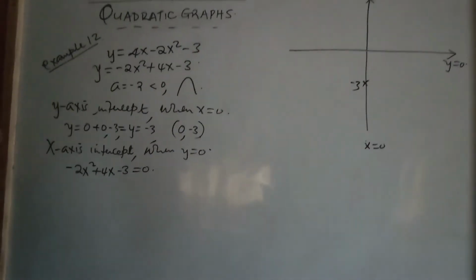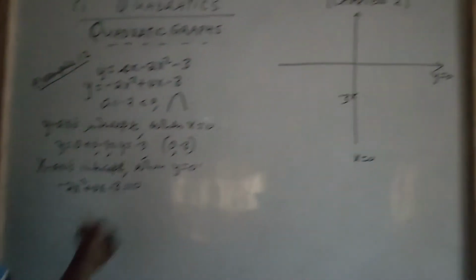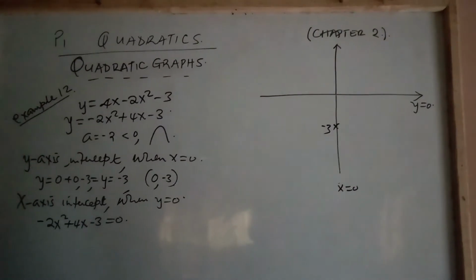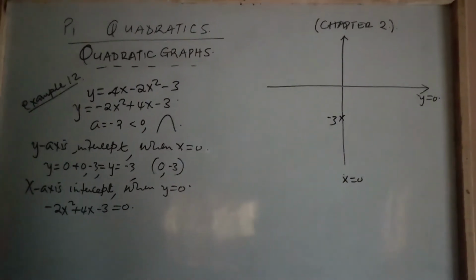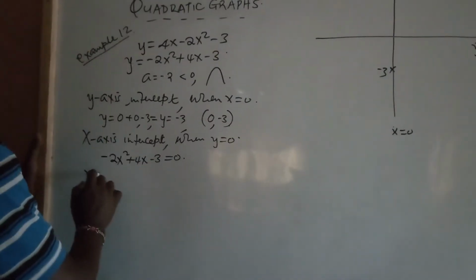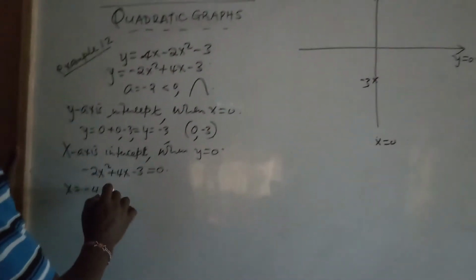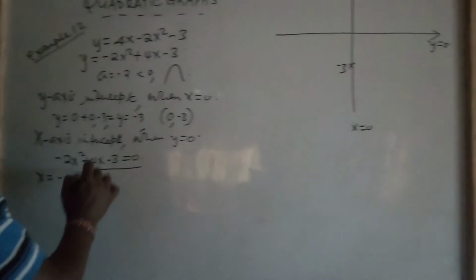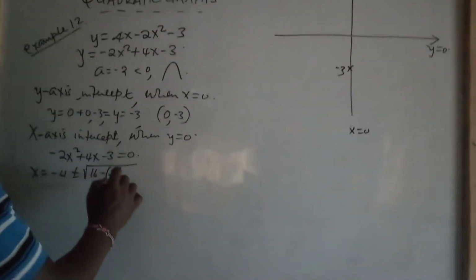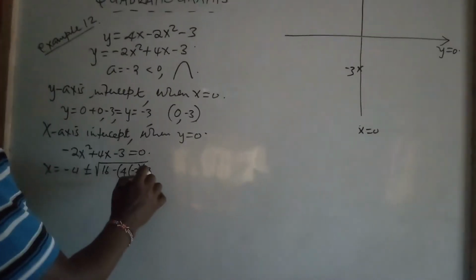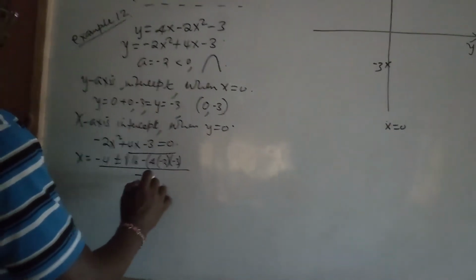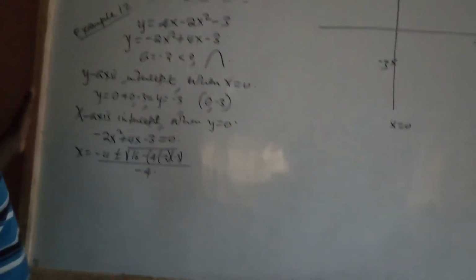It might be a bit difficult to get the factors using the factorization method, but of course we have the quadratic formula. Let's use it. x equals minus 4 plus or minus the root of 4 squared, which is 16, minus 4 times minus 2, which is a, times minus 3, everything over 2a, which is 2 times minus 2, which is minus 4.